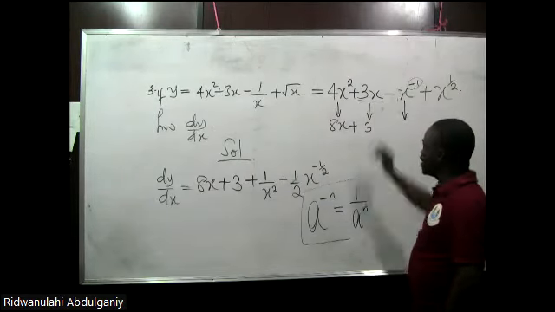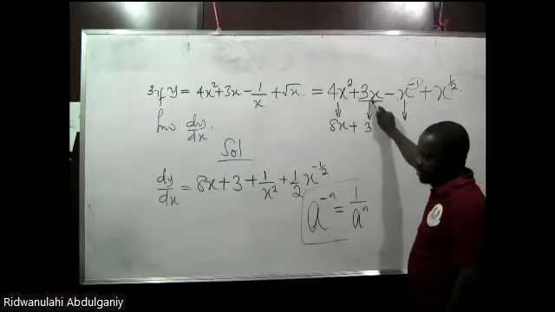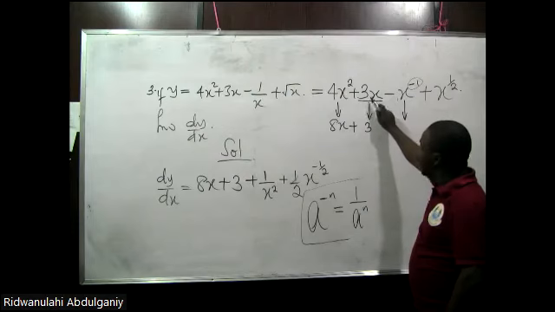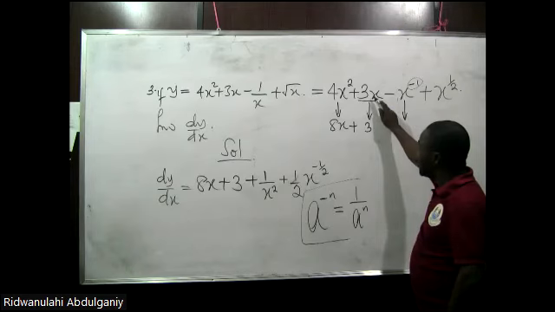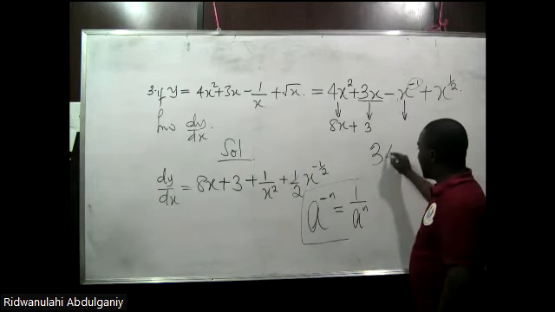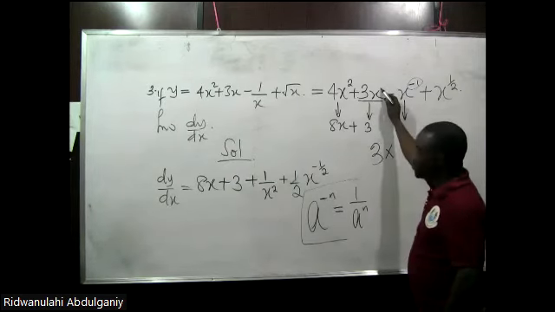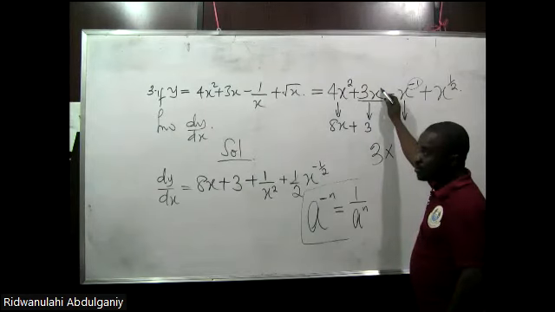Joy, let's go. What's the coefficient here? The coefficient of x, the number before x. 3. 3 times what is the power of x? Minus 1, invisible 1.